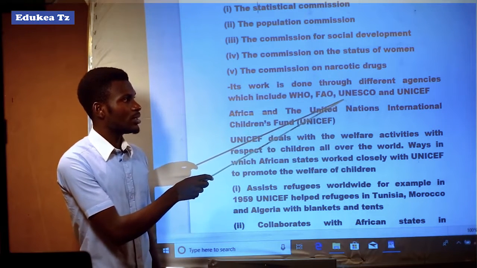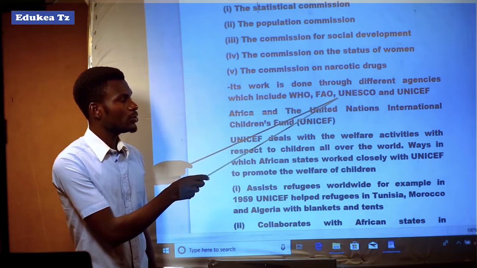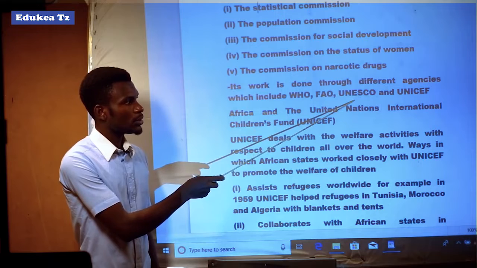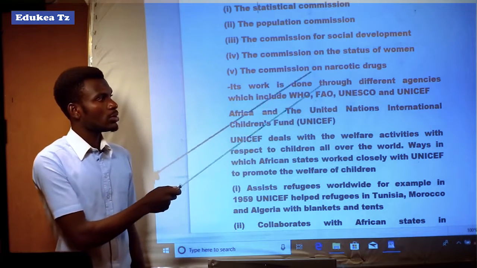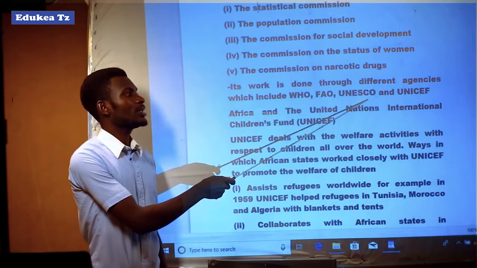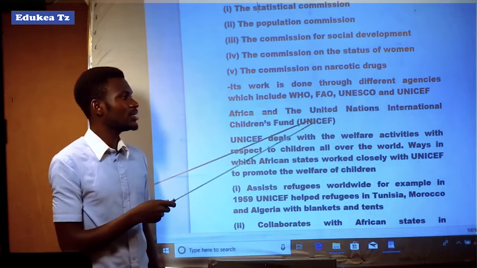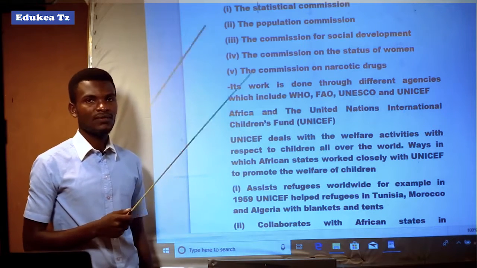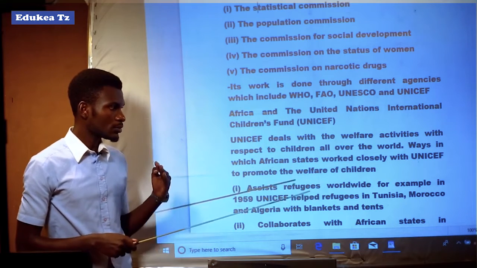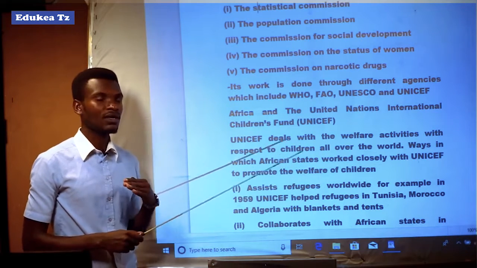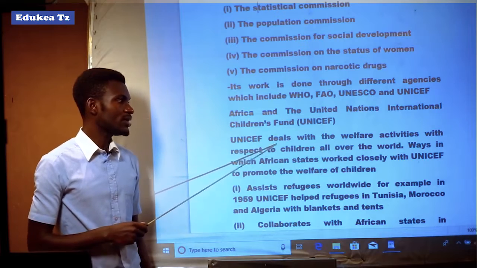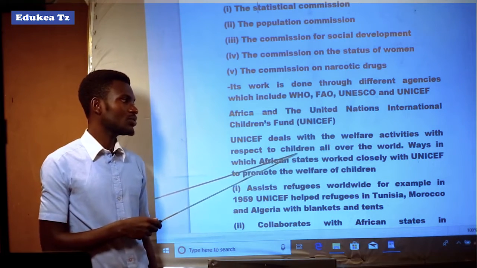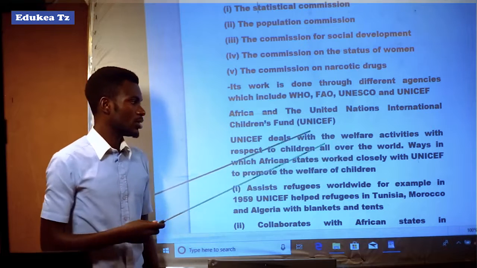UNESCO deals with the United Nations Educational, Scientific and Cultural Organization, and UNICEF deals with the United Nations International Children's Fund, respecting the children all over the world. So UNICEF deals with the welfare activities with respect to children all over the world.